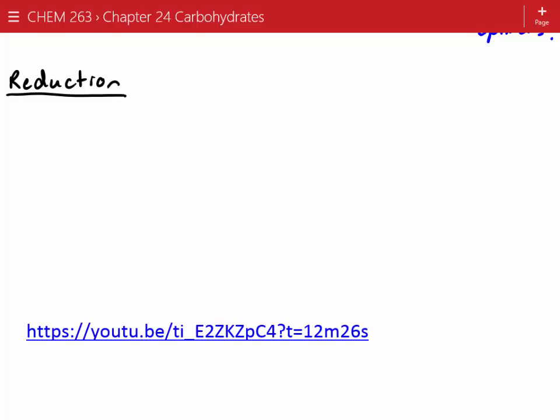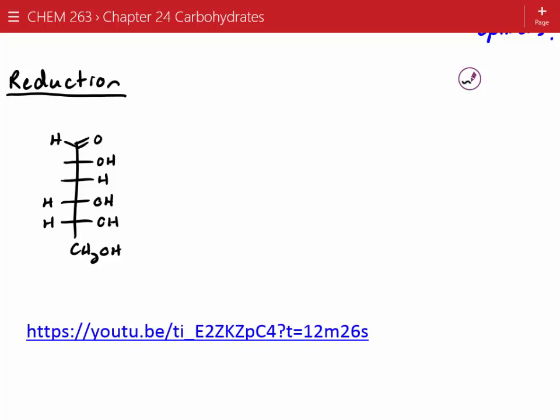No. So we need to have it in the open chain form because we know how to easily reduce aldehydes. So now let's draw our open chain Fischer projection. And I'm just going to stick with D-glucose because it's the one I always remember how to draw.